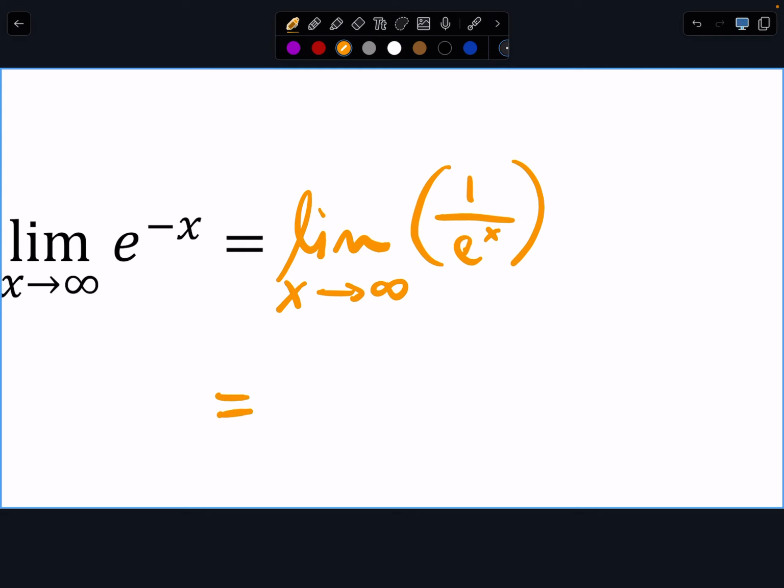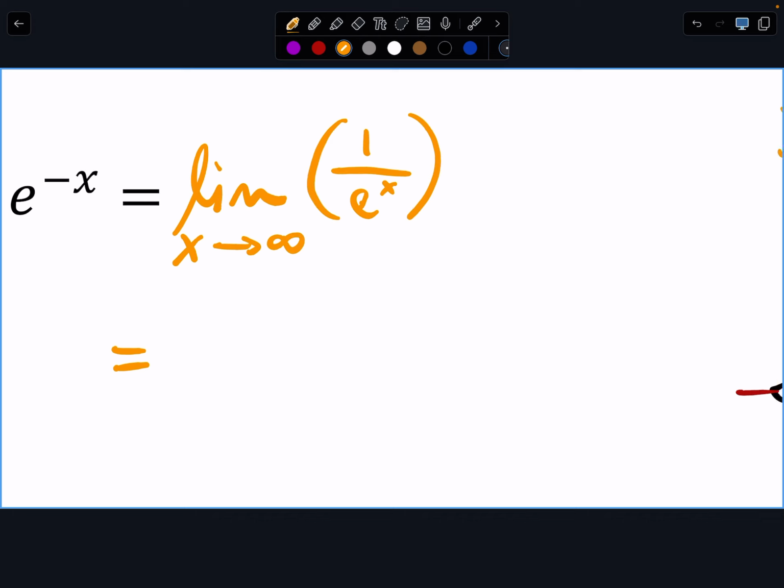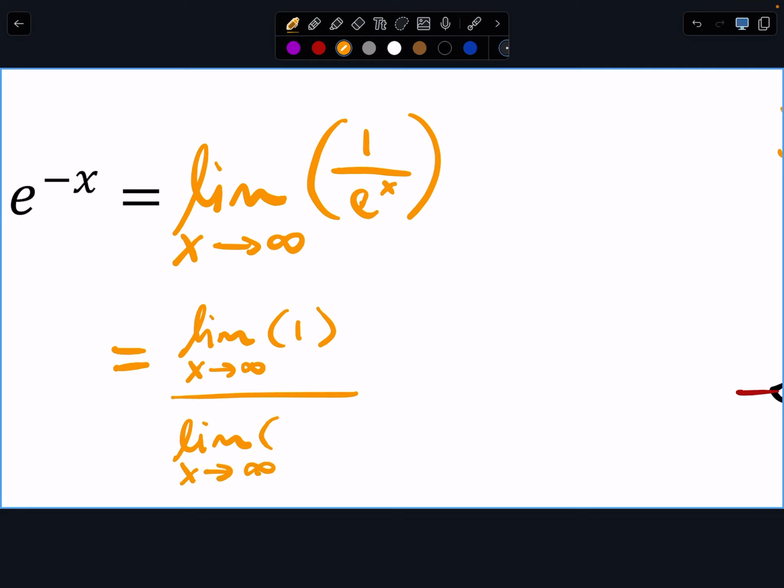And then you maybe didn't necessarily write this step out, but if you were to think about using the limit property for a quotient, thinking about the limit as x approaches infinity of 1 over the limit as x approaches infinity of e to the x.